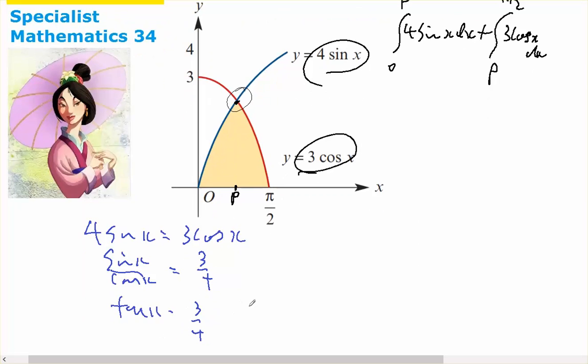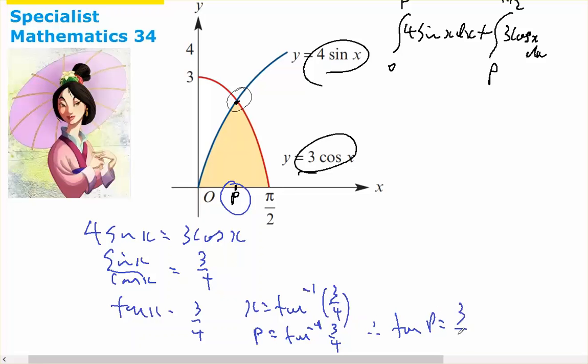Which means that x equals the inverse tan of 3 on 4. And that's going to be P, the angle that gives you the inverse tan of 3 on 4. Therefore, the tan of P has to be 3 on 4.